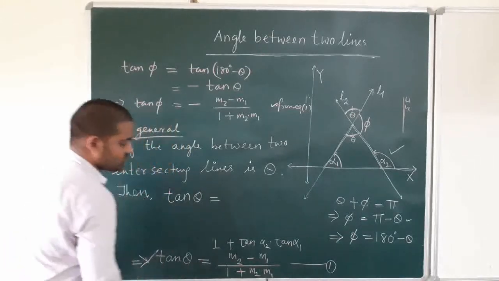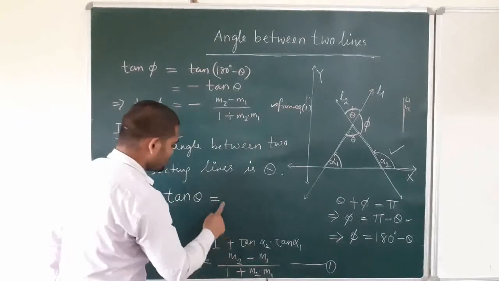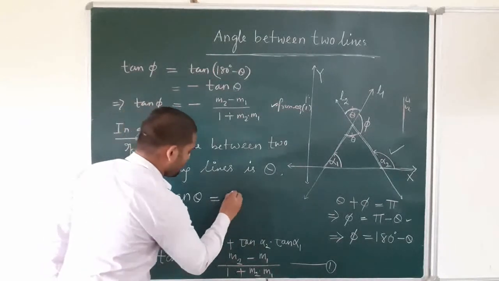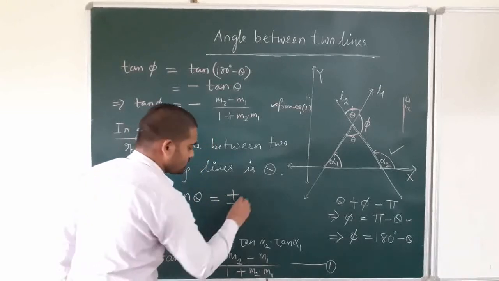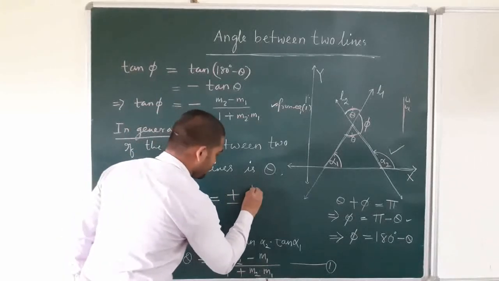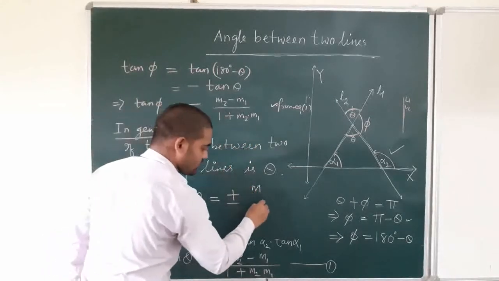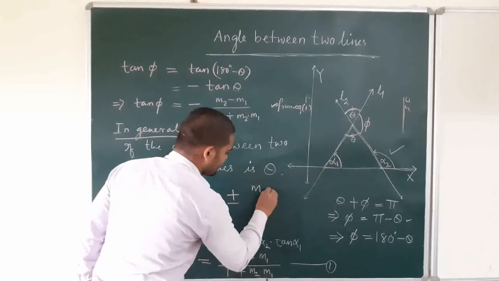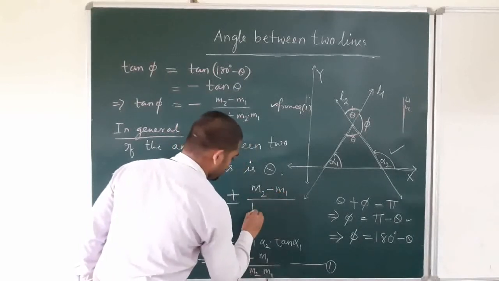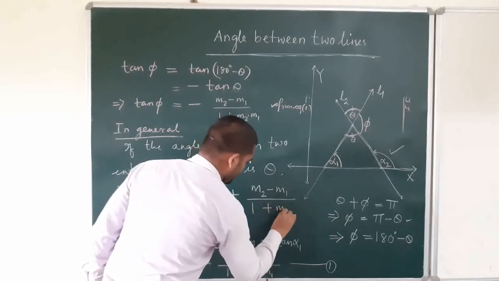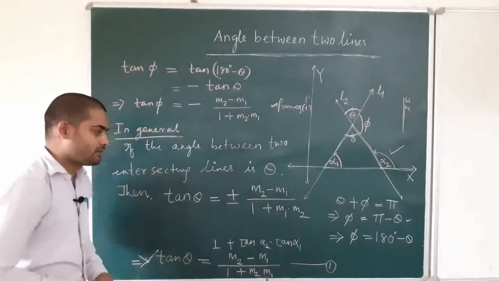Tan theta is equal to what? You get both positive and negative. Okay? You may write M1 minus M2 also. Here you write M2 minus M1 by M1 M2. Okay?